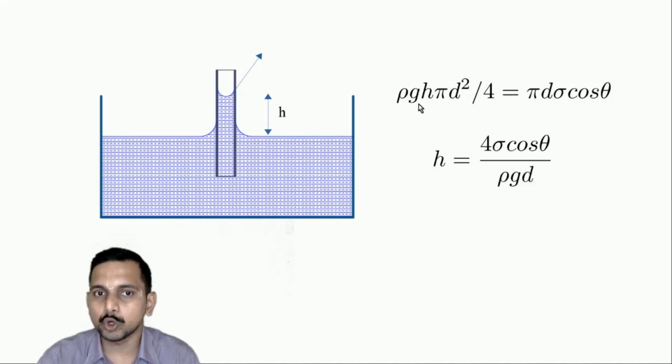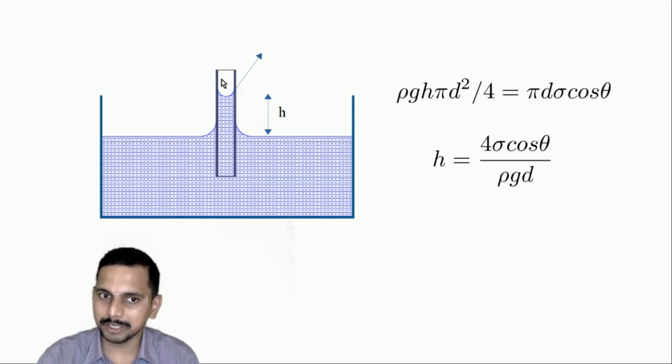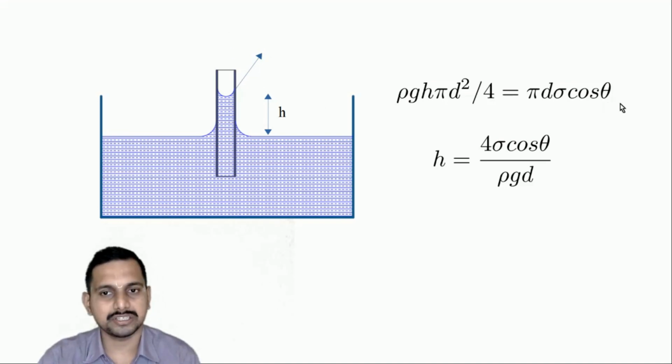Gravity is rho g, the weight density, into height, this height, into the area of pi d square by 4, and that is equalized by pi d around this, where the liquid, gas and the adhesive surface is in contact. So, pi d is the length of that, sigma is the surface tension force in this direction, and the component of that in this vertical direction is cos theta.